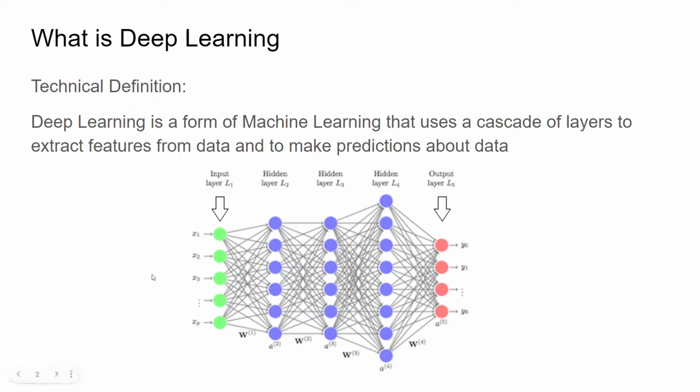The way an artificial neural network is structured is that it has several different layers. It takes some input, then we have some hidden layers, and then it gives some output. Each layer takes an input from the previous layer, so x1, x2, x3, x4, xp are all fed into this neuron.